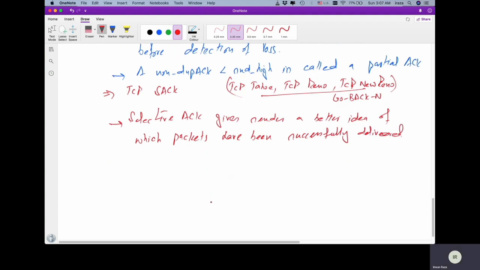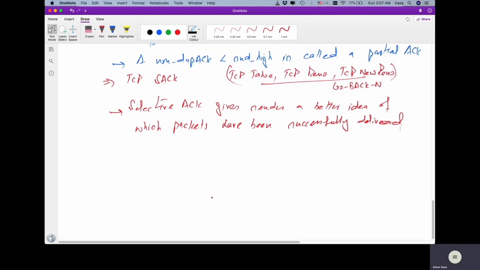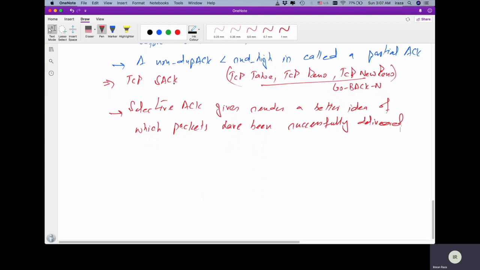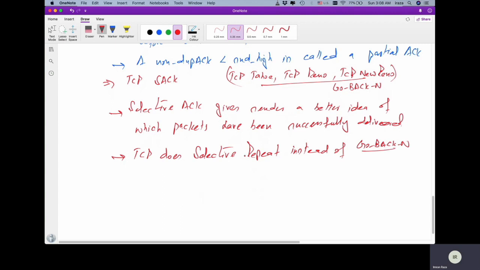Okay. So in TCP selective acknowledgement, TCP does selective repeat instead of go back N. And yes, we are familiar with these two mechanisms that we have discussed earlier.